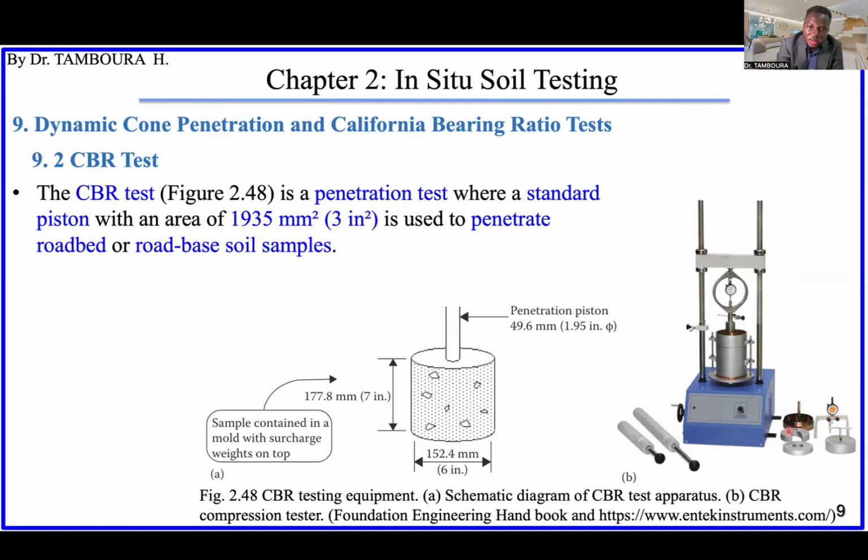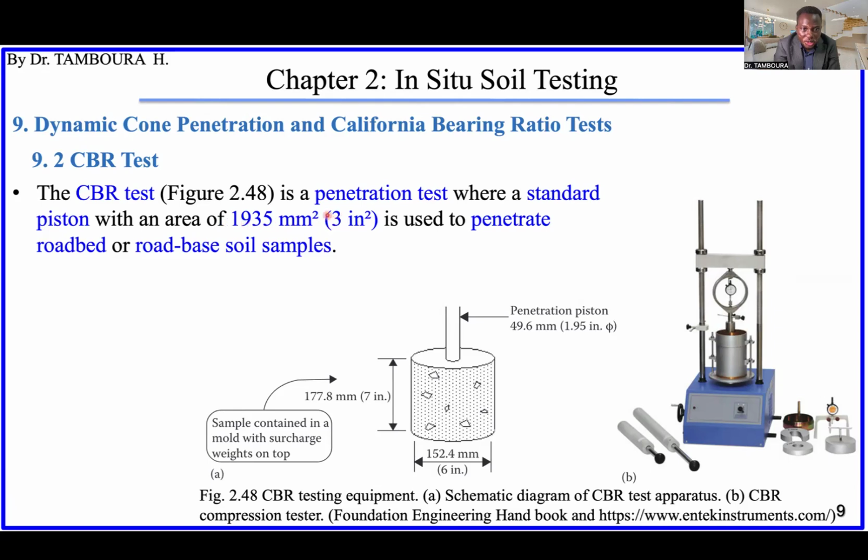Okay, then you can see this piston, which is from this drawing. You can see this piston will penetrate into the soil sample. Okay, this is a photo. This is just a schematic view. Okay, the piston has an area of this many square millimeters, or 3 square inches. Please convert this.